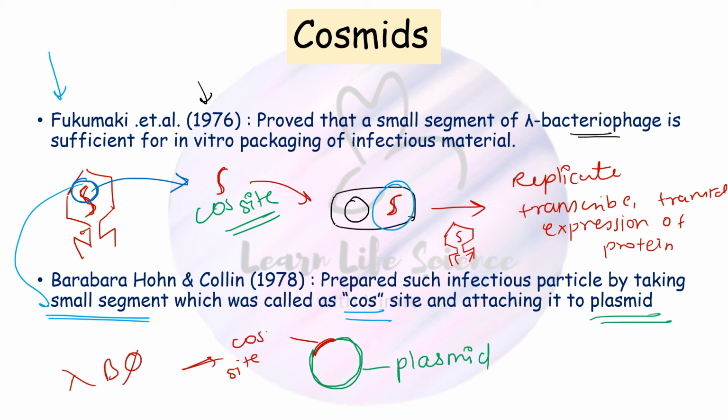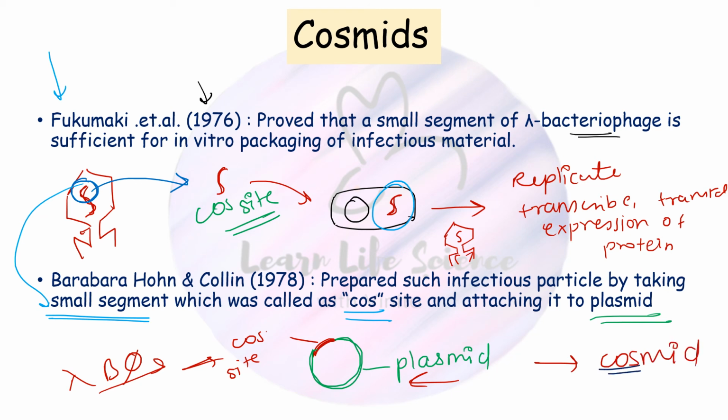Which bacteriophage? Lambda bacteriophage. So there is integration of two things. The first part is taken from Lambda bacteriophage and integrated in the plasmid, which is taken from another bacterial cell. This structure, the cos site plus plasmid, is termed a cosmid.